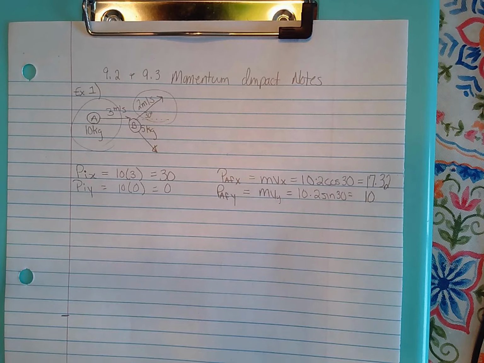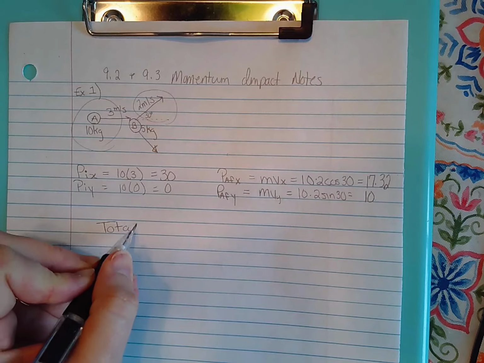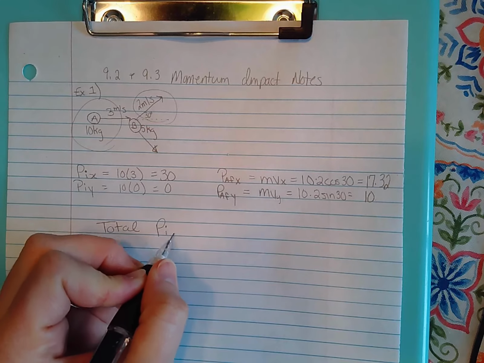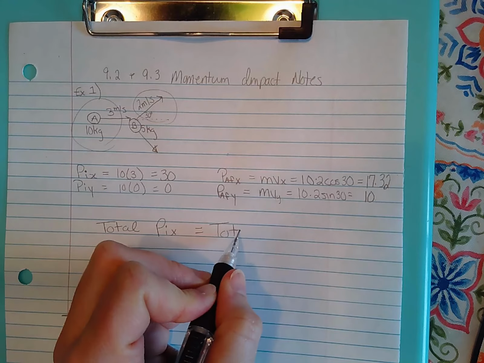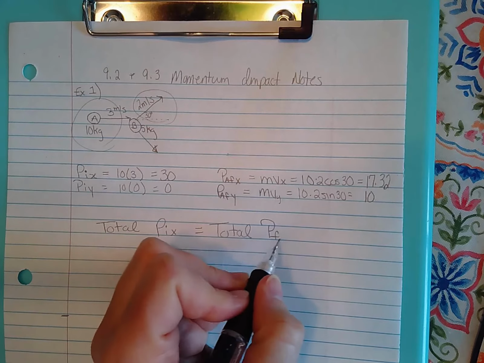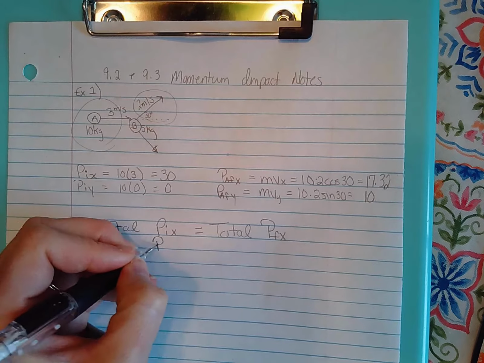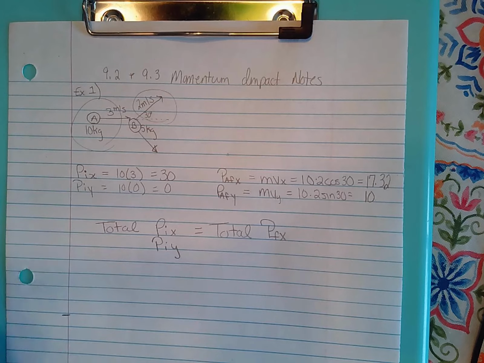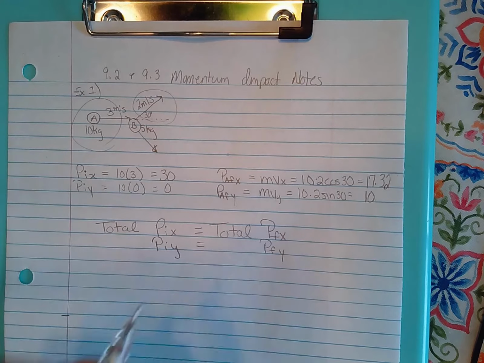Let's write total initial momentum in the x direction is going to equal the total final momentum in the x direction. And that's the same for the total initial y direction momentum, which has to equal the total final momentum in the y direction. Okay? So initial has to equal final.